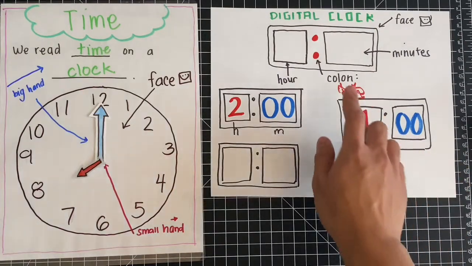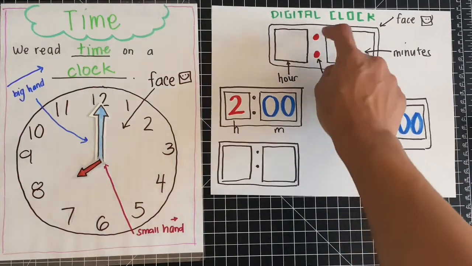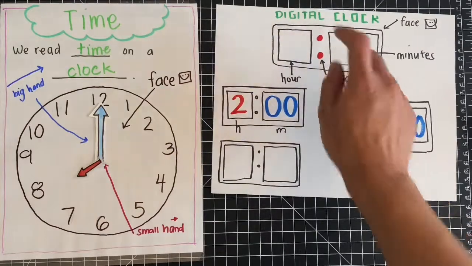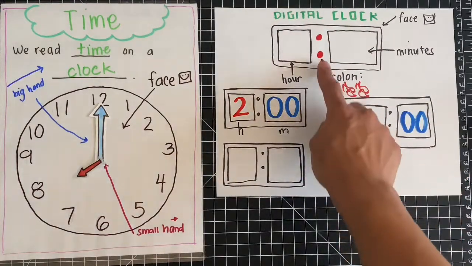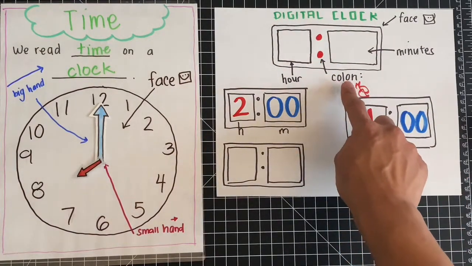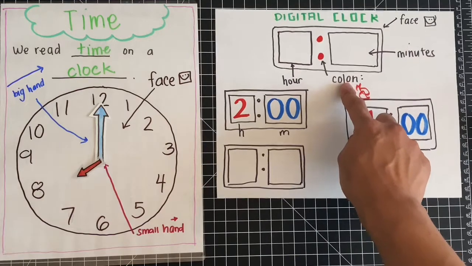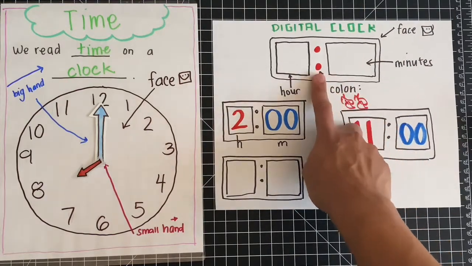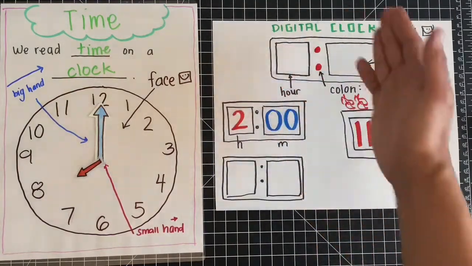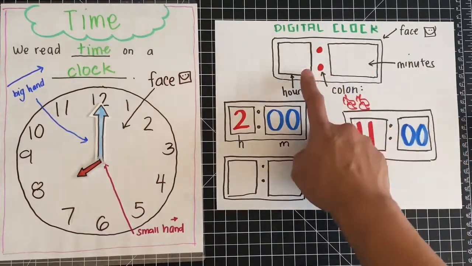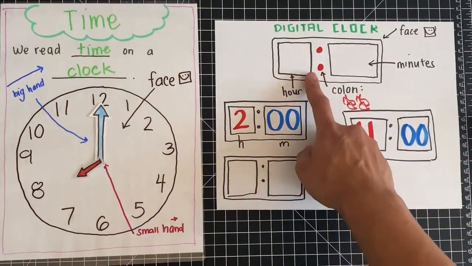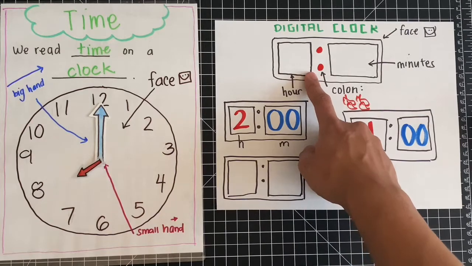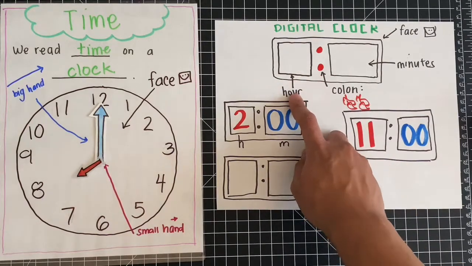Another part of a digital clock is these 2 dots right here. What do we call these 2 dots? We call it the colon. Remember, we need the colon to separate this side from this side. What do we put on this side of the colon? We put the hour.